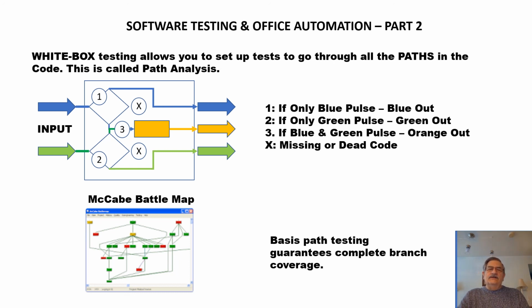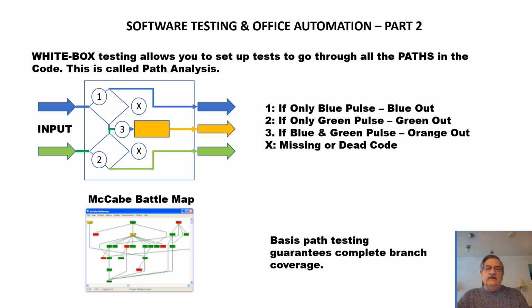Now there was a company, it's still there, McCabe. You can look it up on the internet. They used to have a thing called Battle Map back in the days in COBOL and straightforward programming. It would draw a map, and it would show you the different paths that the different tests would go down, and what you had to set up as far as data to make it go down the paths.